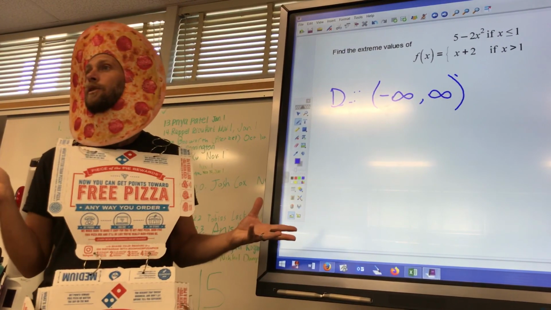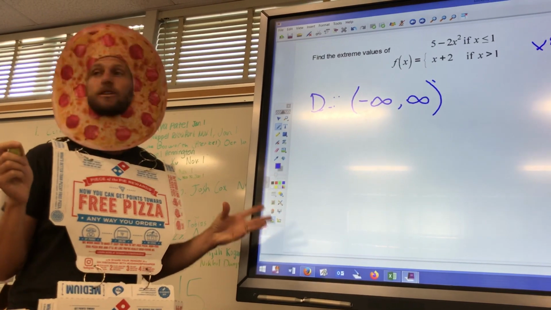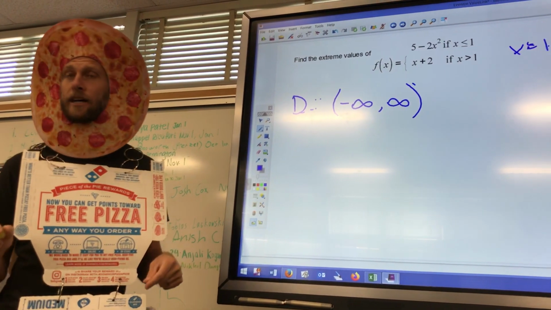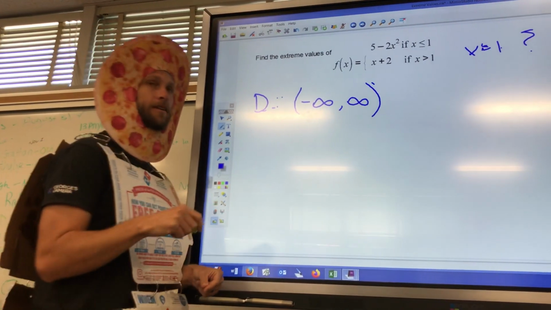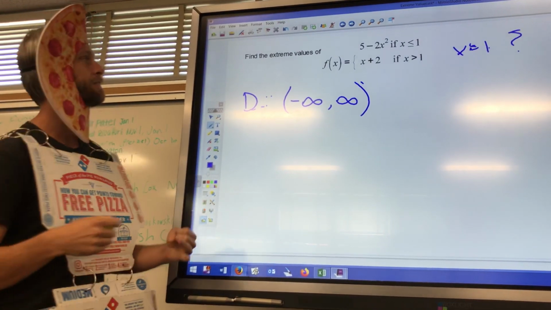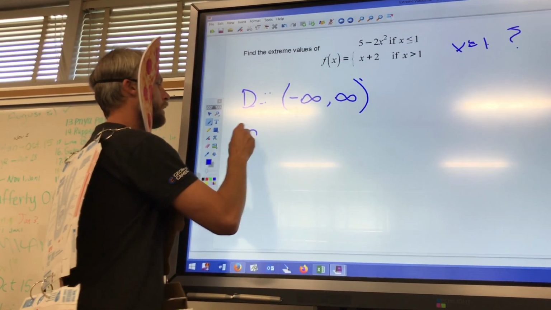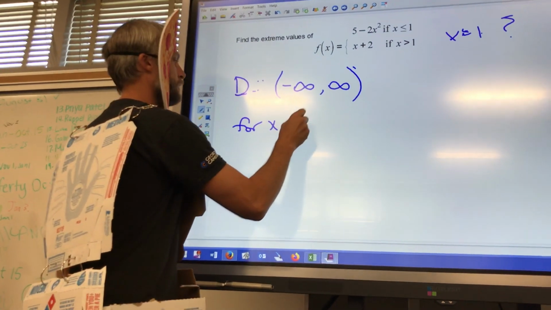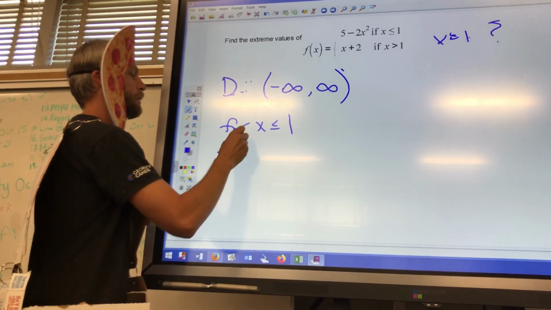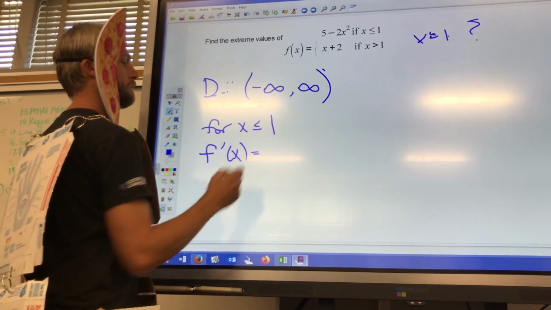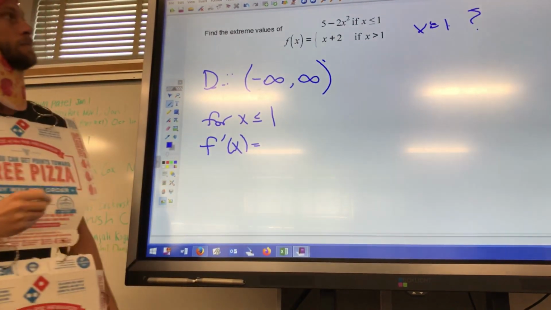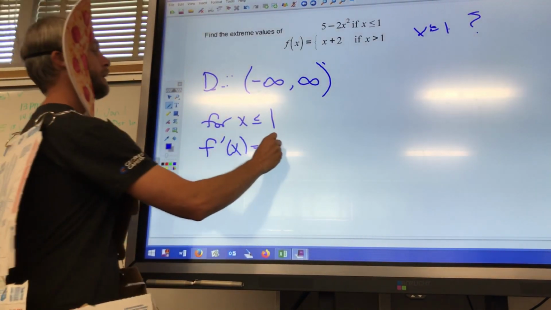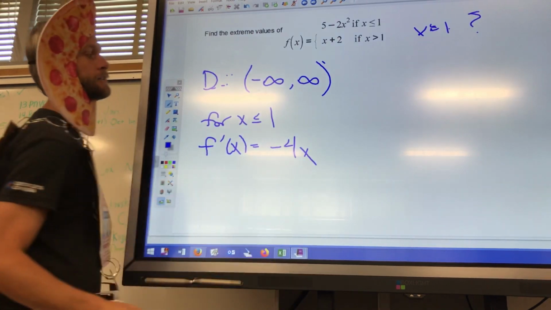No endpoints, so no endpoints to check. All we have to do is find the critical values. So how do we find the critical values? Derivative. See when the derivative is 0 and when the derivative is undefined. So for values of x that are less than or equal to 1, what does f prime of x equal? Negative 4x, right? Derivative of 5 minus 2x squared.